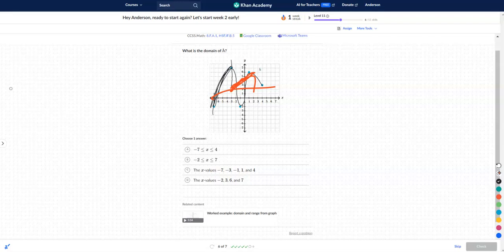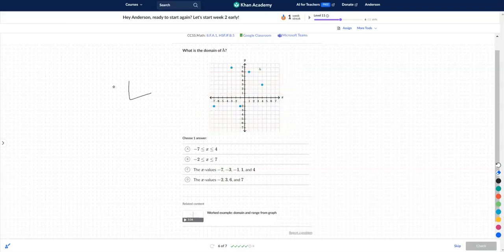Okay, I don't even know if you guys can see that. All right, in this case, we just have dots, so it's not every single thing. For example, -6, -5, and -4 are not part of our domain, our x.